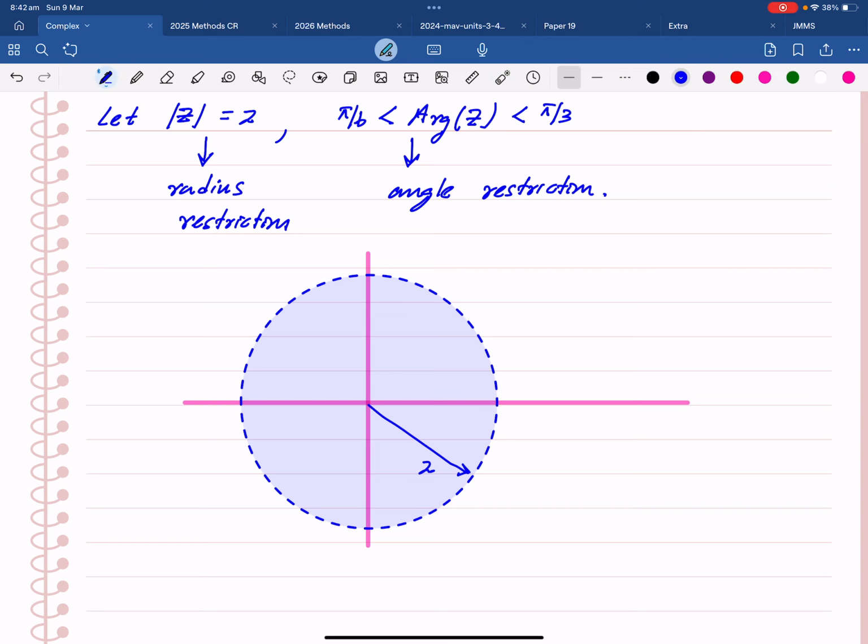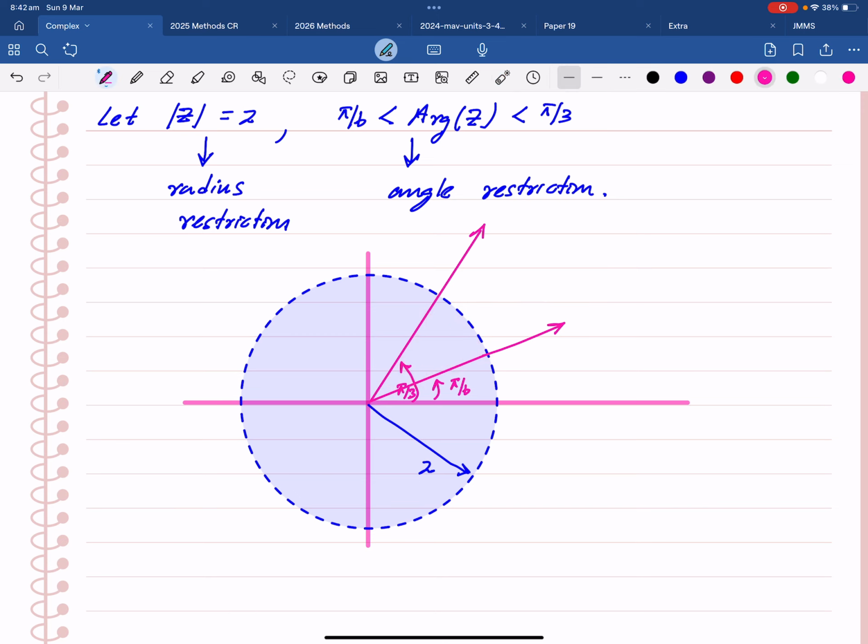So we will do that here. So pi divided by 6 is this, right? Pi divided by 3 is this, right? So now this will tell you it should be between these two.